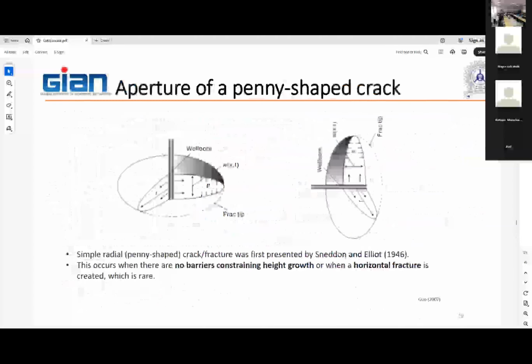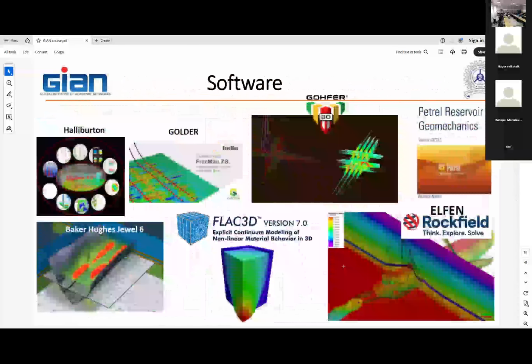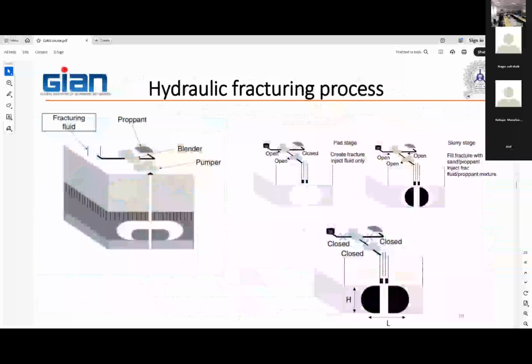So let's go back to this picture. Let's say this is the reservoir, and this is the fracture. The fracture height would go from there to there, while the reservoir is there up to there. So you can think of the ratio of reservoir thickness to fracture height.